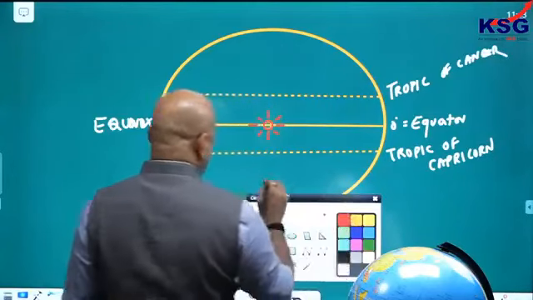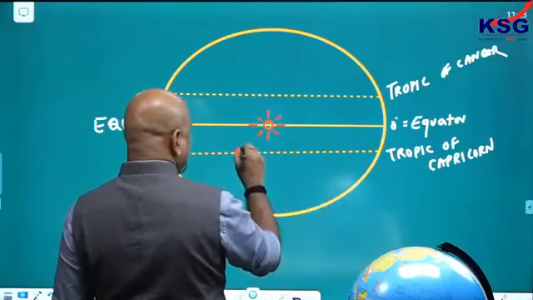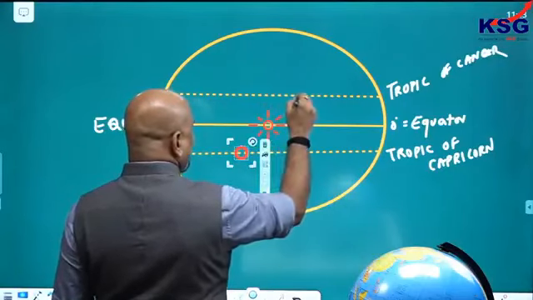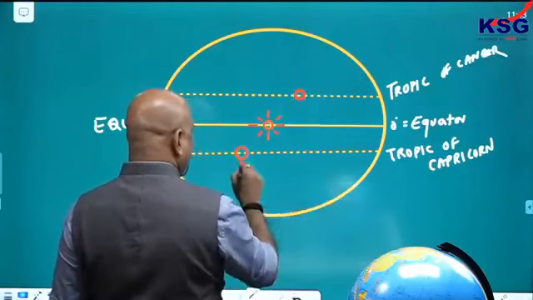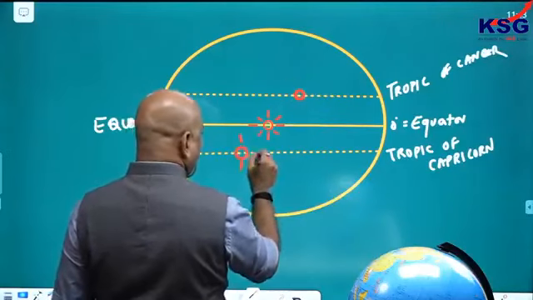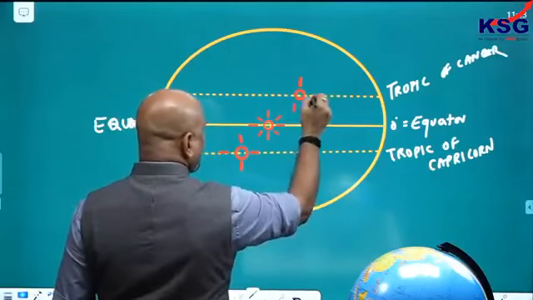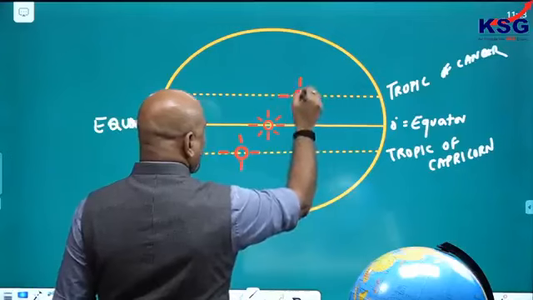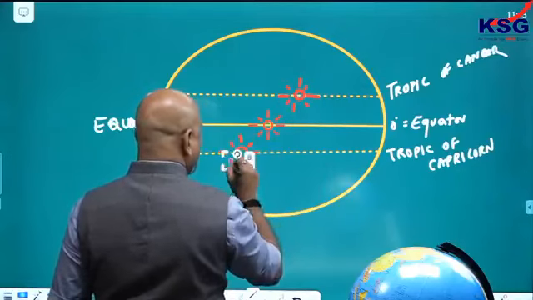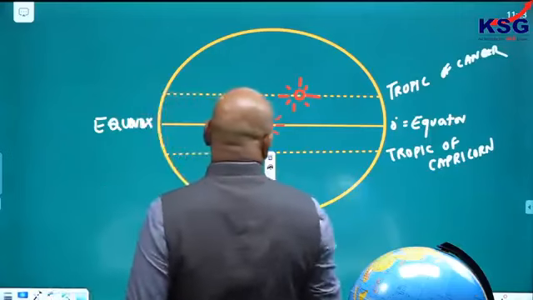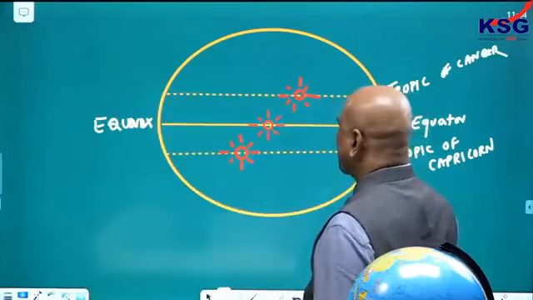If it is at this point, or if it is at this point, so position of the sun, where it is exactly.